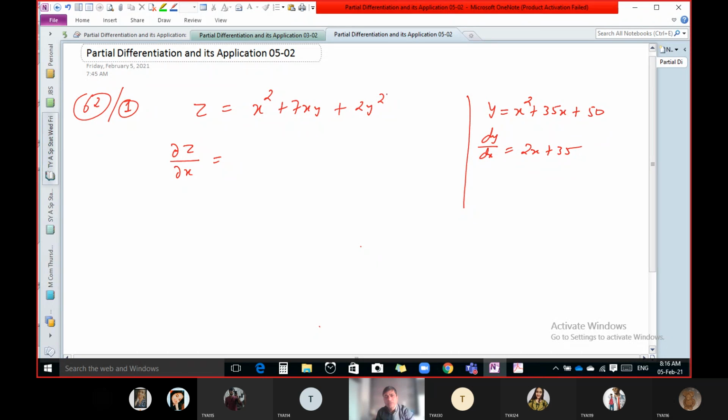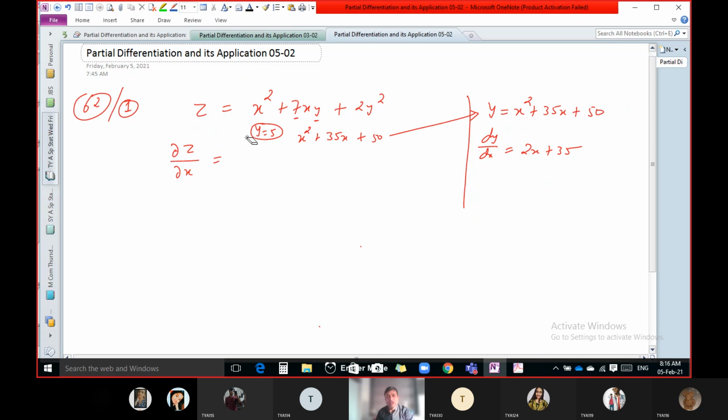So if we assume y equal to 5, what we get? x square plus 7 into 5, that is 35x, plus 5 square 25, 2 fives are 50, which is all same like this.